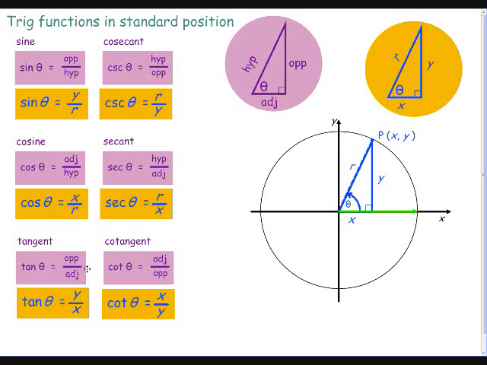Okay, so all of these can be defined with x's and y's if they are located on a coordinate plane in standard position. You remember standard position is when theta, its vertex, is right at the origin.